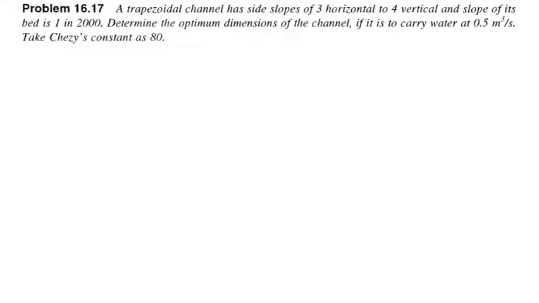A trapezoidal channel has side slopes of 3 horizontal to 4 vertical and slope of its bed is 1 in 2000. Determine the optimum dimensions of the channel if it is to carry water at 0.5 meter cube per second. Take Chezy's constant as 80.